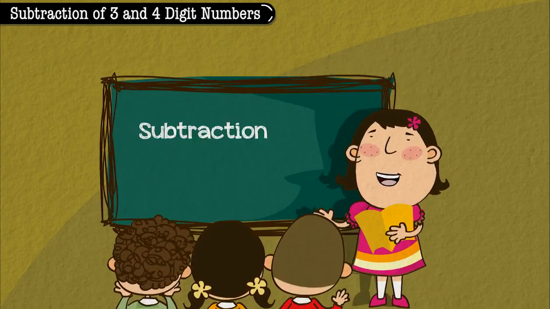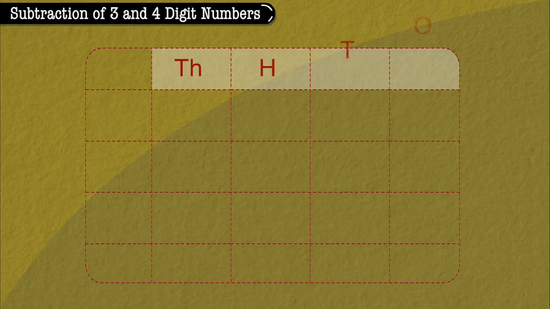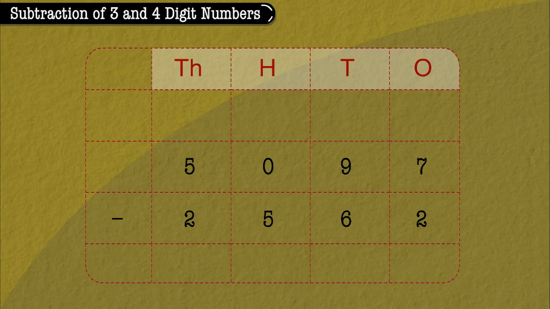As we know the regrouping of ones and tens place, let's see the regrouping of hundreds place. Let's subtract 2562 from 5097. We can see that in the ones and tens place, we can do direct subtraction without any regrouping.